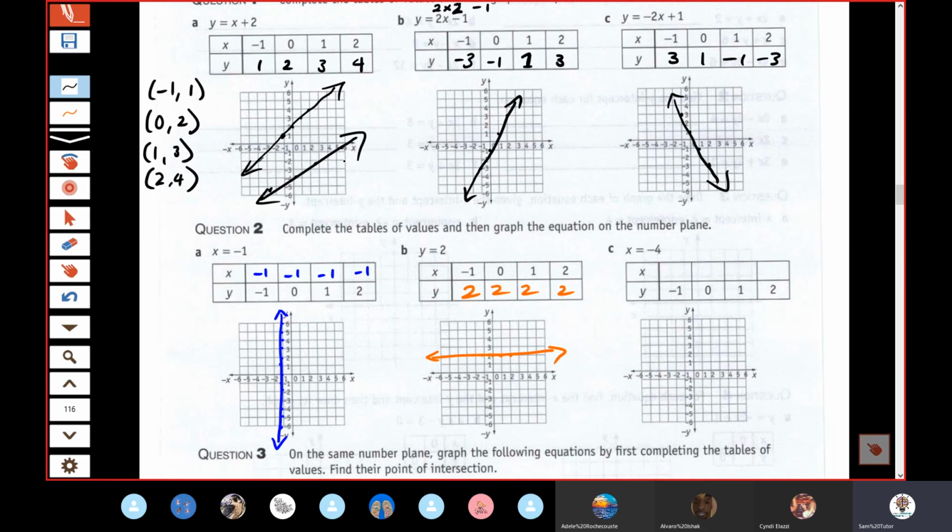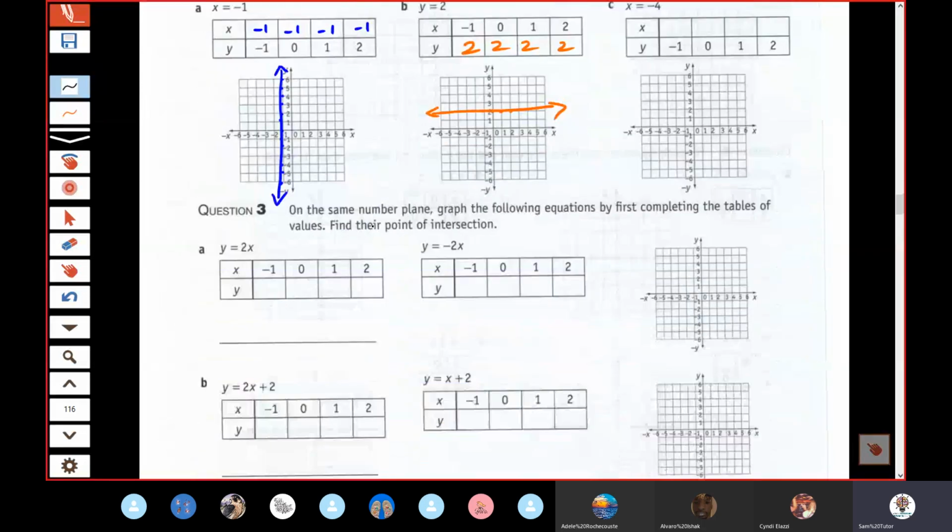I know what you're saying. You're saying, how come my one here, I drew it this way? Now I'm telling you, it's because you did your x's and y's the other way around. You see here, look, you're not reading. It says x, negative 1. All right, I'm just going to stop because it seems like you're going to keep going back like that. Hold on, I'll come and help you out.